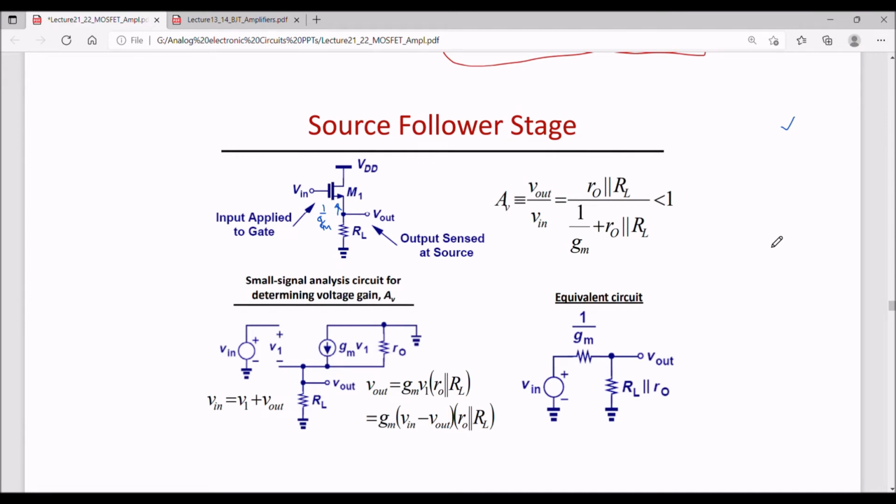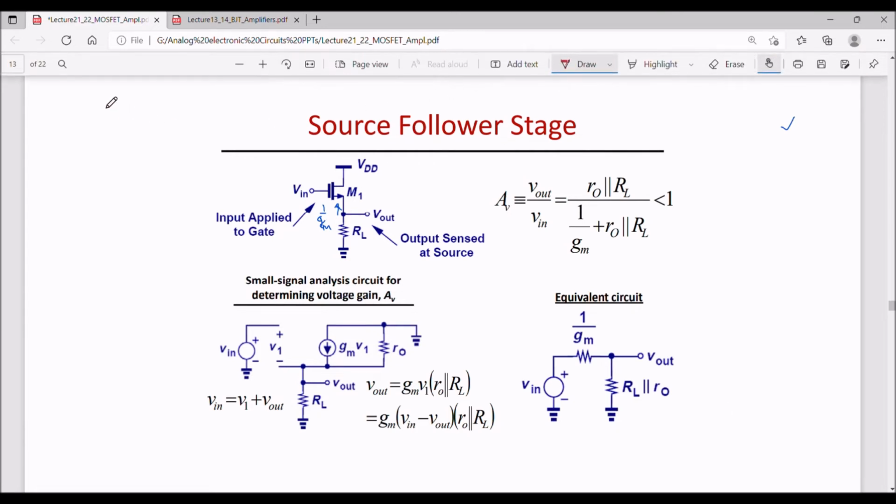Now we have seen common source, common gate also we had seen. Now let us talk about common collector, not common collector here, it will be common drain, right? Common drain or source follower, which is equivalent to saying common collector or emitter follower in BJT.